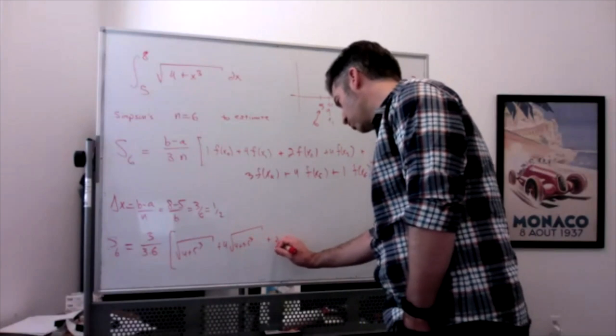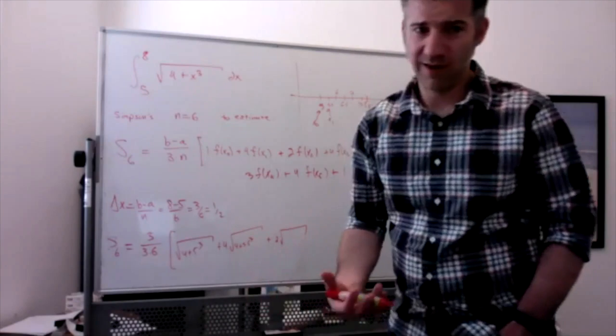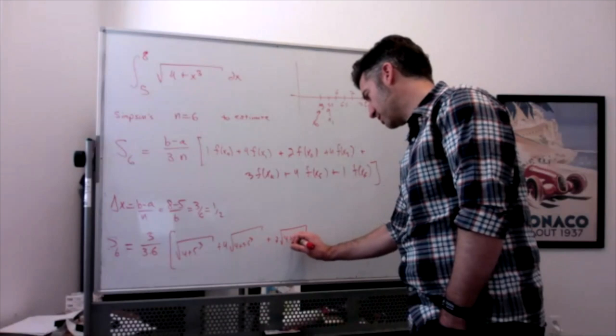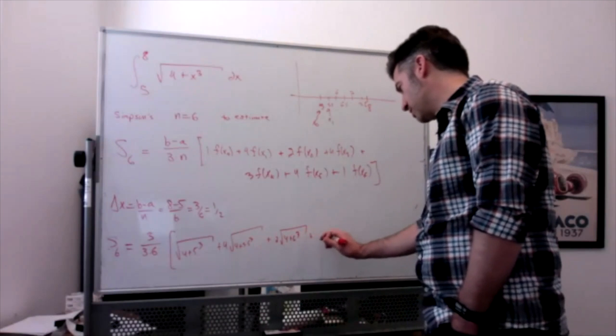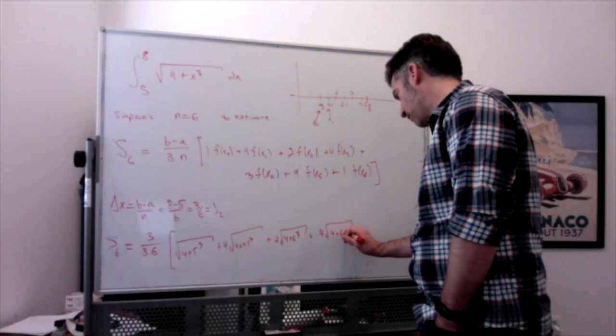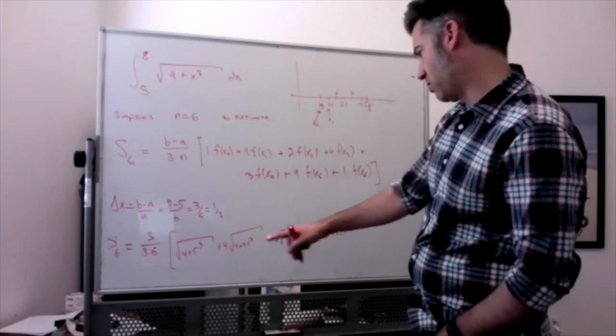And then 2 times the square root of 4 plus 6 cubed plus 4 times the square root of 4 plus 6.5 cubed.